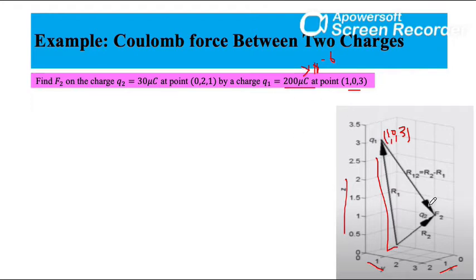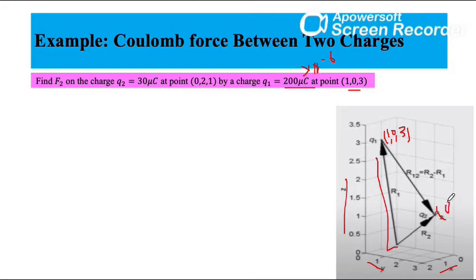Similarly, we have q2 with a value of 300 microcoulombs, and it is also positively charged. It is located at (0, 2, 1). So 0 means x is equal to 0 over here, so you are looking only at the y-z plane.